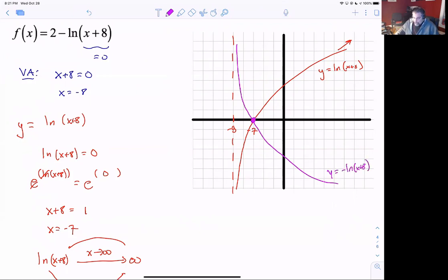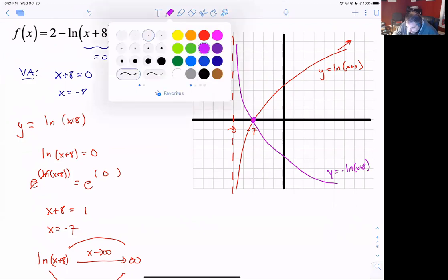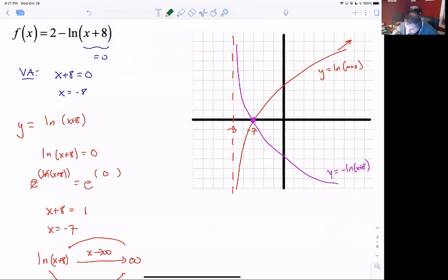Okay. We're still not done though, because our graph asks us to take that purple graph and add 2 to it. We've got to go up 2 higher. So now the idea is to take this graph and go up 2 higher. What that would mean is everything in our graph now has to move up 2 units. So this point is going to move up 2 units.